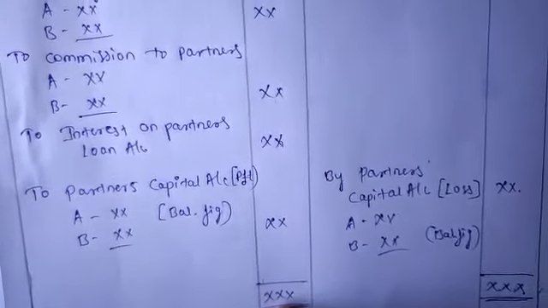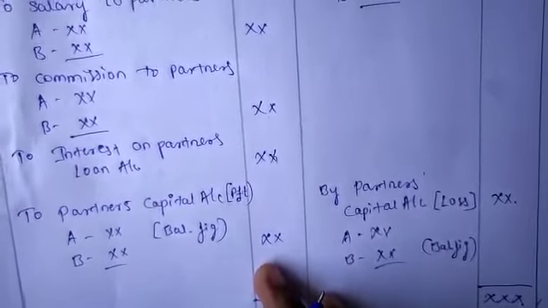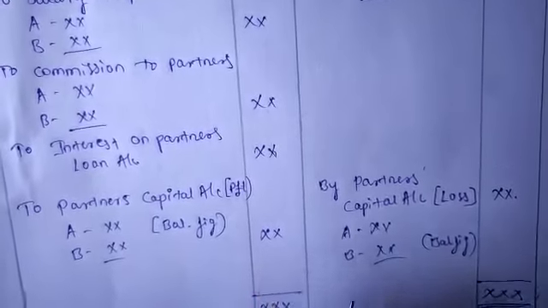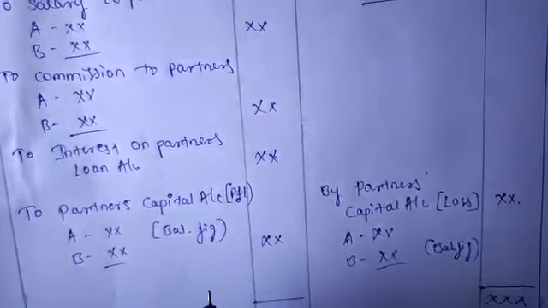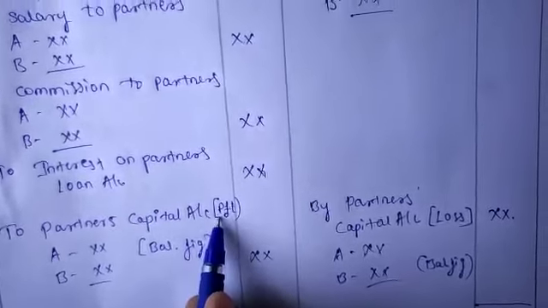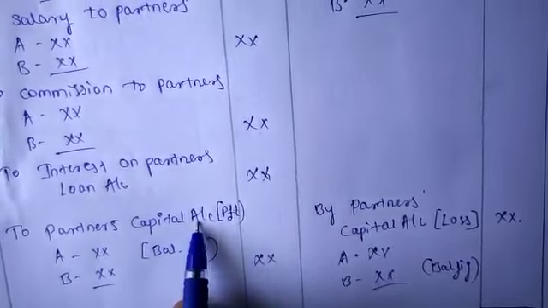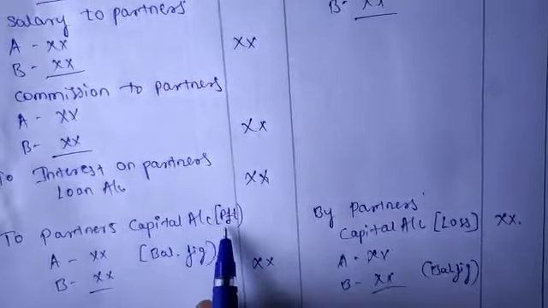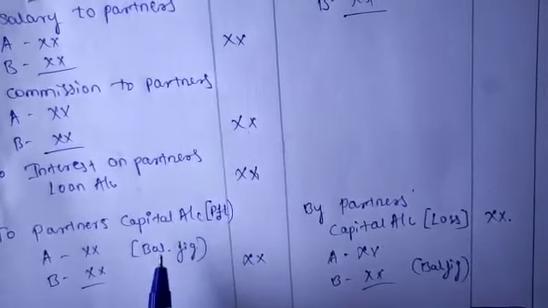Whatever balance remains on the debit side, the debit side balancing figure, is called surplus or profit. That profit is transferred to the partners' capital account. That profit is the total firm's profit.